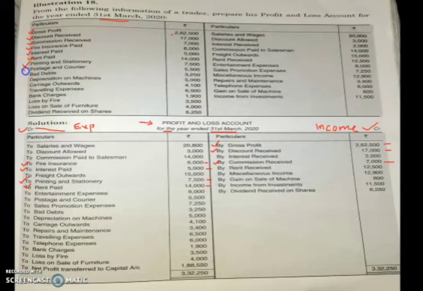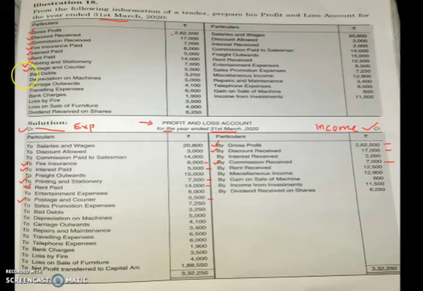Next is postage and courier charges. That will also be recorded on your expenses side. Here you can see to postage and courier. The amount given to you is 5,500. So I have recorded it over here.